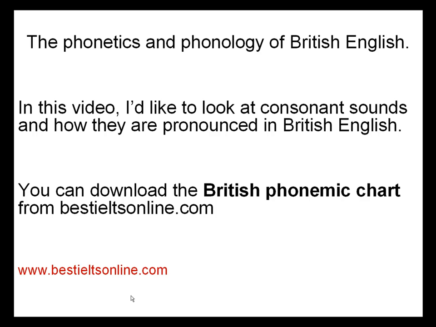In this video I'm going to continue talking about the phonetics and phonology of British English, and I'd like to look at consonant sounds and how they are pronounced in British English. You can download the British phonemic chart from bestieltsonline.com. It's in the links section, in the bottom right hand corner.